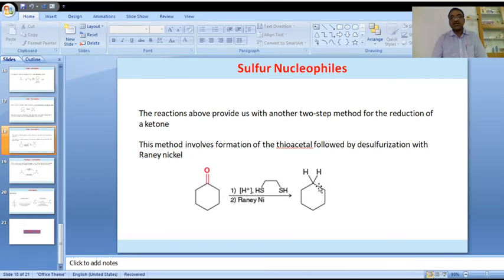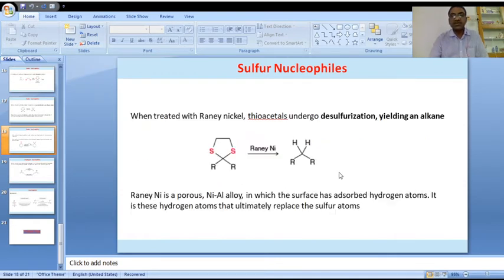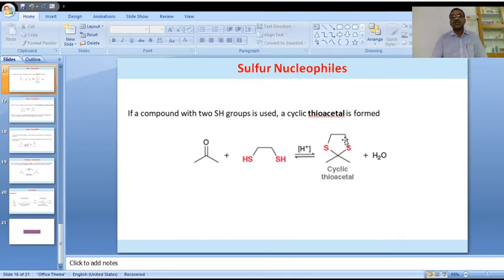Generally, ketones react with a compound containing two SH groups, just like a peroxide, but instead of oxygen, here sulfur atoms are there, like H2O2 in structure. The compound containing two SH groups reacts with the ketone in presence of acid.